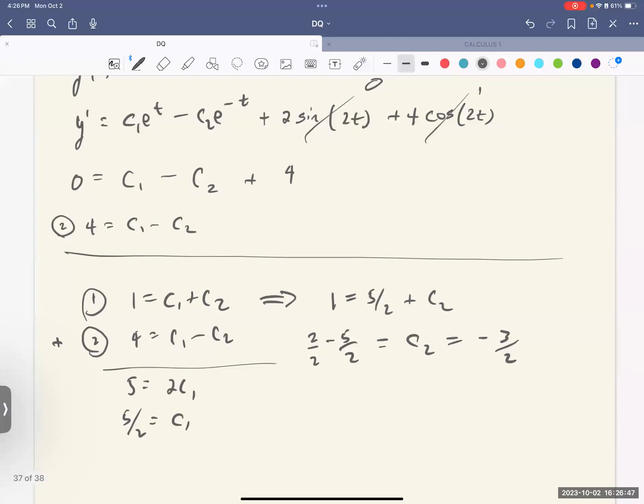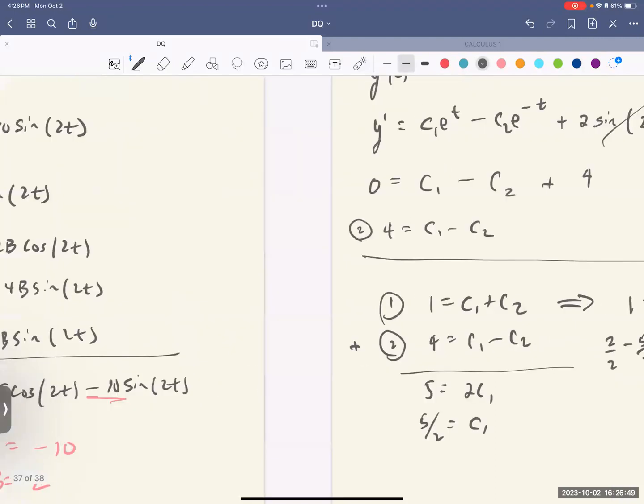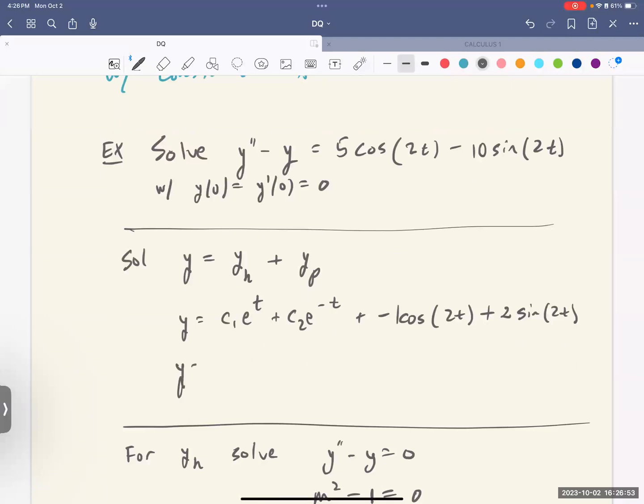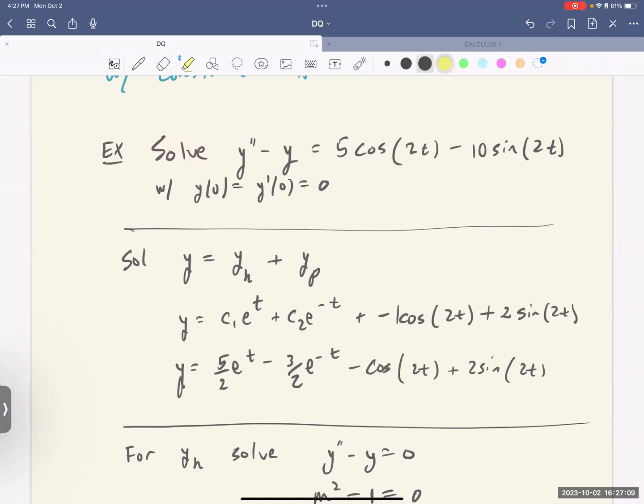Let's go back to our equation. And I believe we said 5 halves e to the t minus 3 halves e to the negative t minus cosine 2t plus 2 sine 2t. There's our general solution.